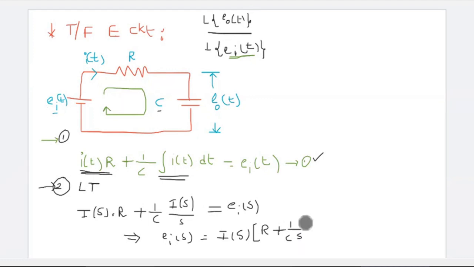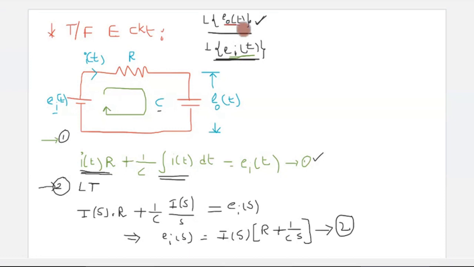Consider this equation number 2. So the Laplace transform of Ei of t is completed. Now we have to determine the Laplace transform of E naught of t. Here, what is E naught of t?